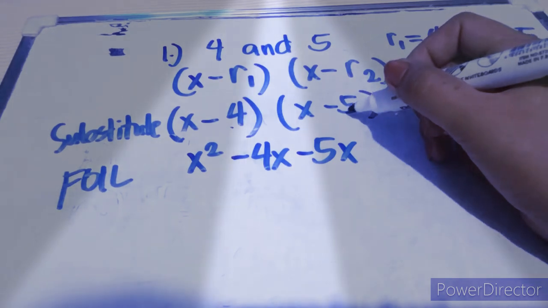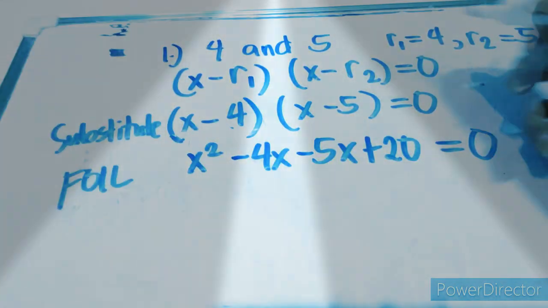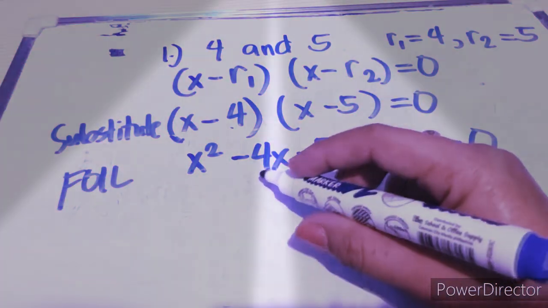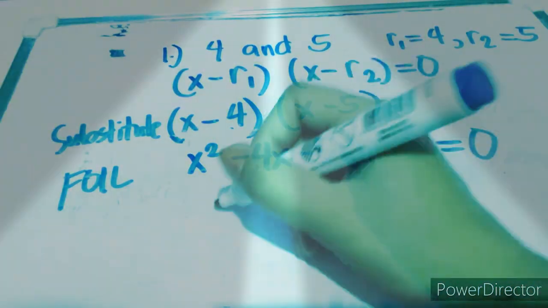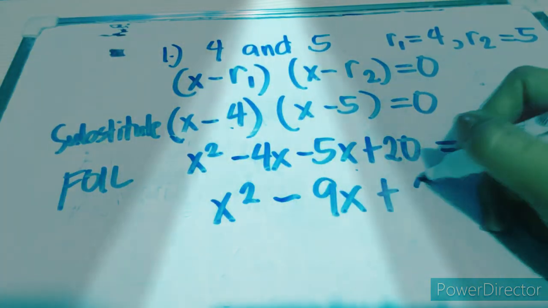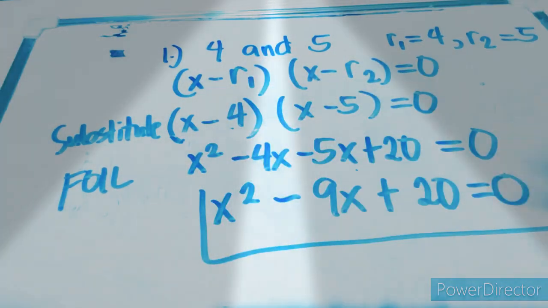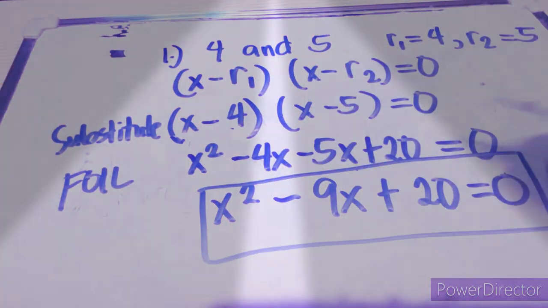Negative 4 times negative 5 is positive 20, is equal to 0. Combine like terms, so negative 4x minus 5x. So you have x squared minus 9x plus 20 is equal to 0. So this would be your final answer.